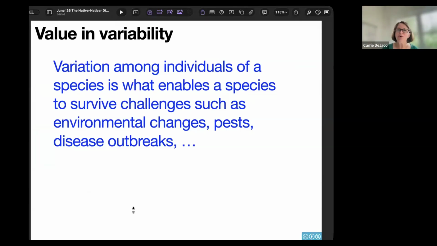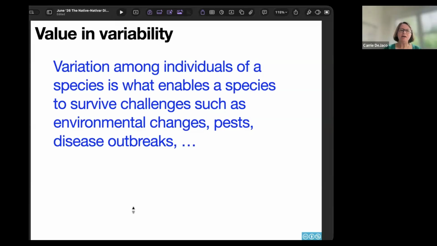Some are taller, some are shorter, some have brighter colored flowers, some have paler flowers, some have darker leaves, some are more resistant to the powdery mildew than others. It's because there's a lot of genetic variability within that species that this species is able to adapt to a changing environment, adapt to different sorts of pests, adapt to different sorts of diseases.